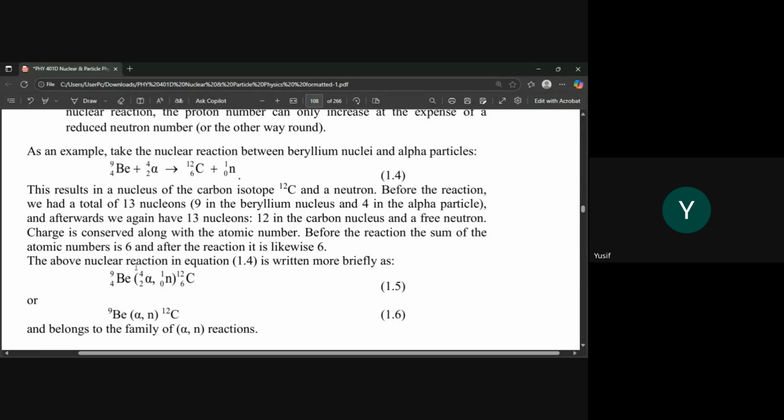What matters is always that what is before the bracket should be the parent nucleus or the target nucleus. What is used to hit it doesn't matter. You can bring the alpha particle first or second. But if you are writing in the shorthand form, always the parent nucleus or the target nucleus should be outside the bracket, and the daughter nucleus should also be outside the bracket at the right-hand side.